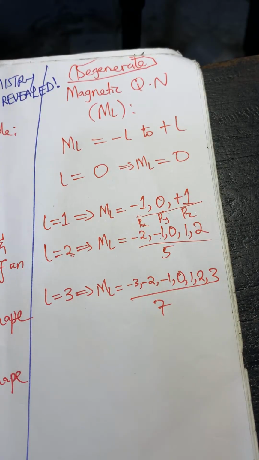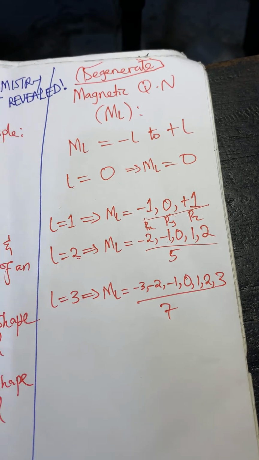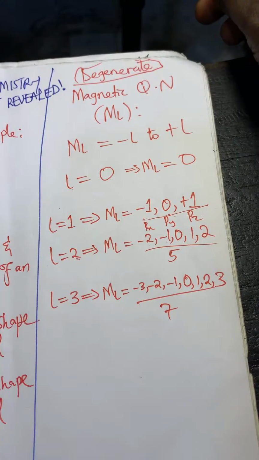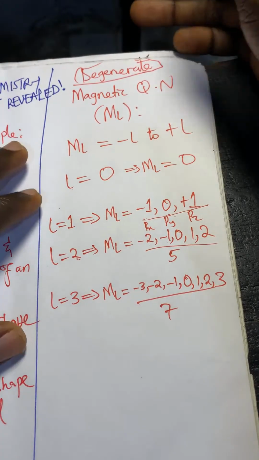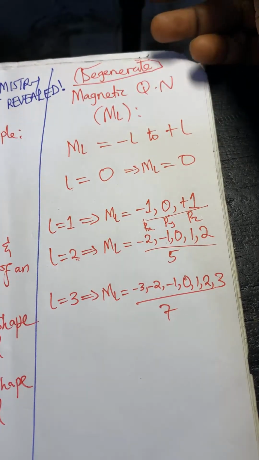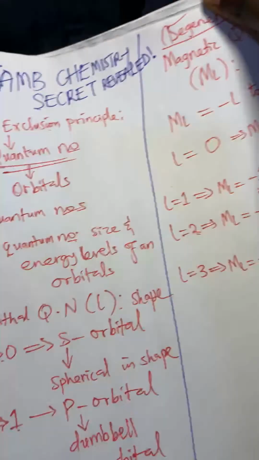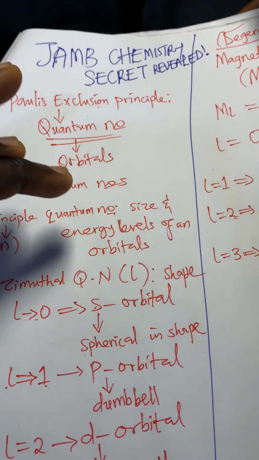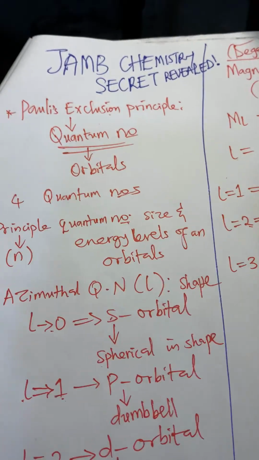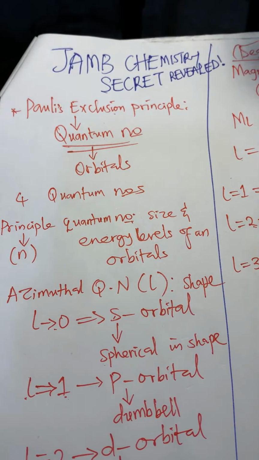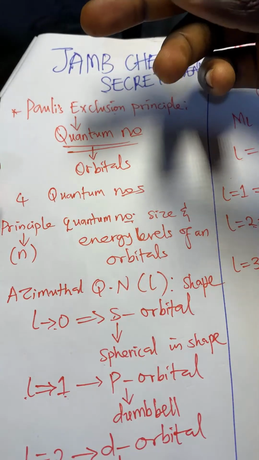And now, we are just deliberating on what we call Pauli's exclusion principle, which states that no 2 electrons in an atom have the identical set of 4 quantum numbers. From Pauli's exclusion principle to mentioning quantum numbers, which are a set of numbers used to describe electrons across the various orbitals.